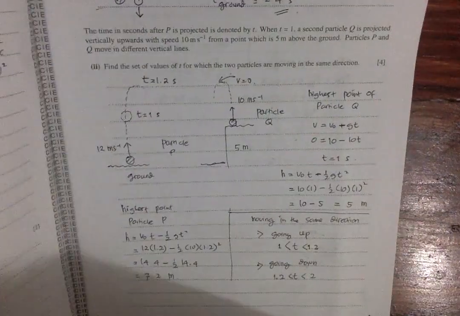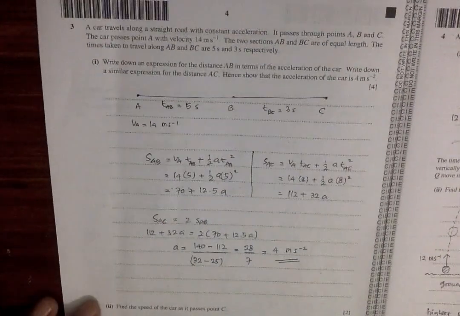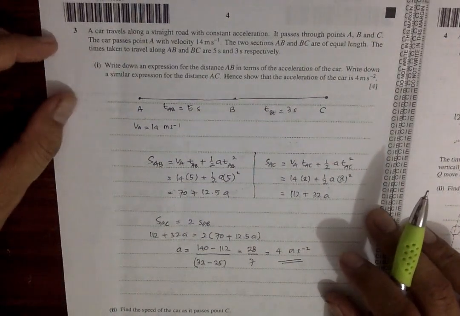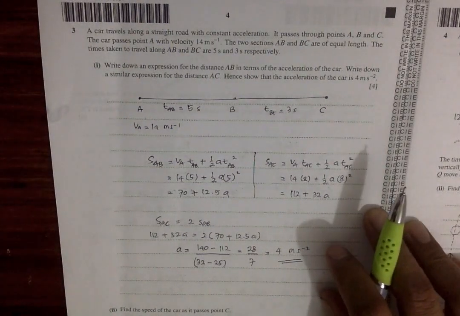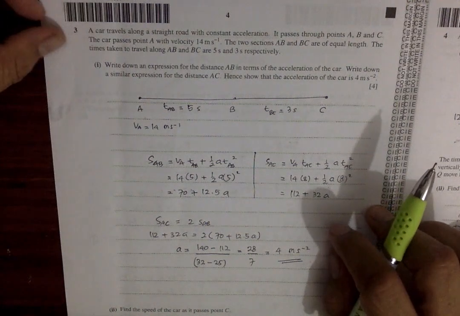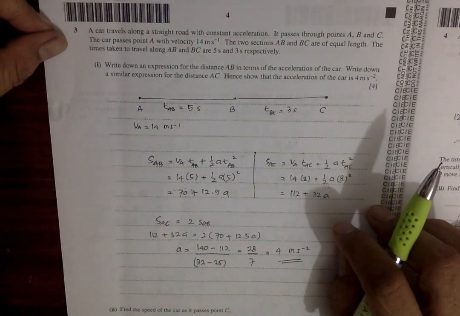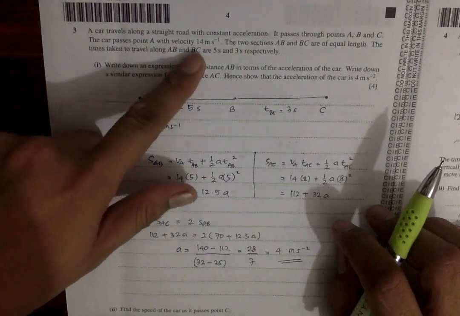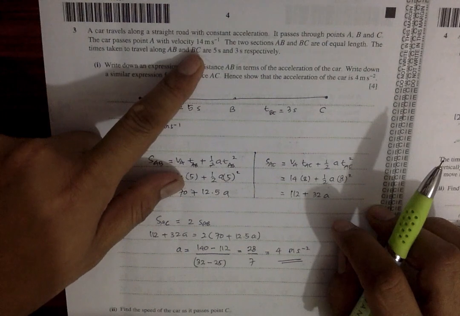Okay, let's continue to the next, number 3. In this number, we read first. A car travels along a straight road. The constant acceleration is present across points A, B, and C. The car passes point A with velocity 14 meters second minus 1.